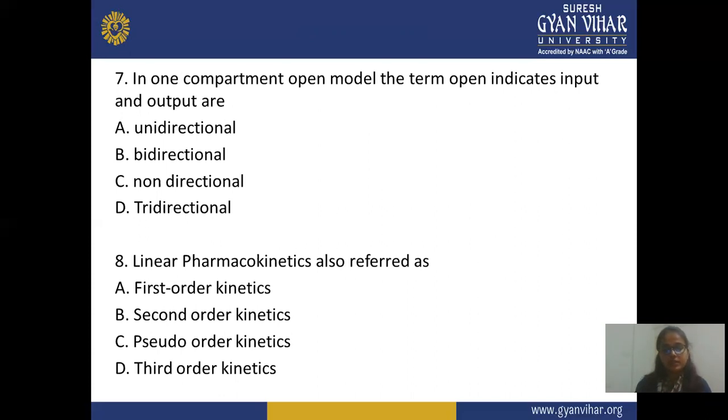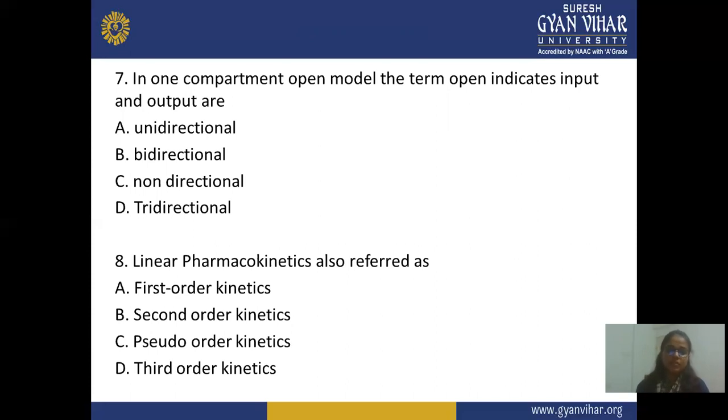We already discussed the different compartmental models, including one compartment, two compartment, and three compartment. So this question is regarding the one compartment model, and we mainly need to know what the input and output rates are and how we compare them. A is unidirectional, B is bidirectional, C is non-directional, and D is tridirectional.